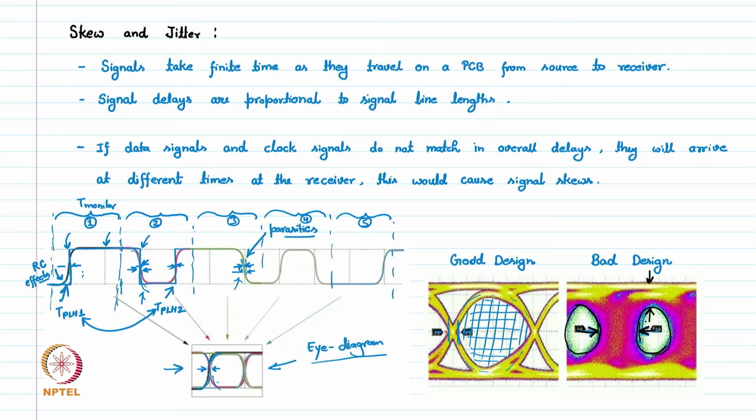So this diagram is called the eye diagram, and this is called the jitter in the timing waveform. This can be improved by trace length matching.